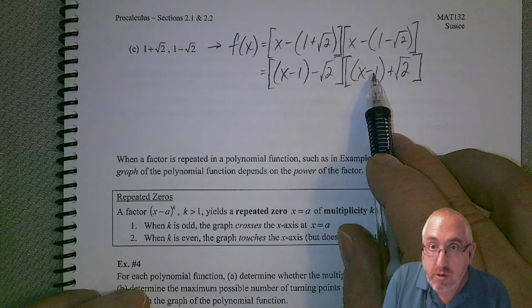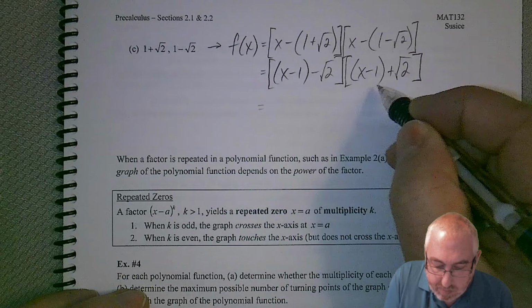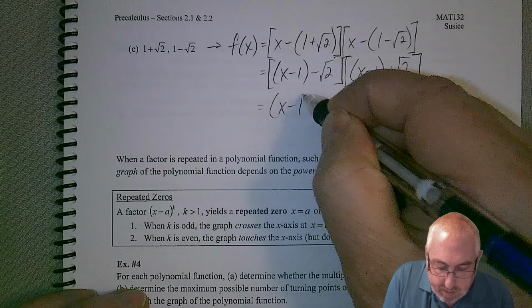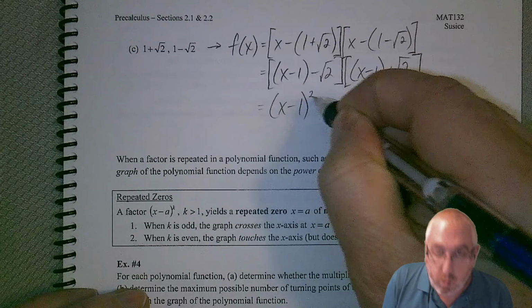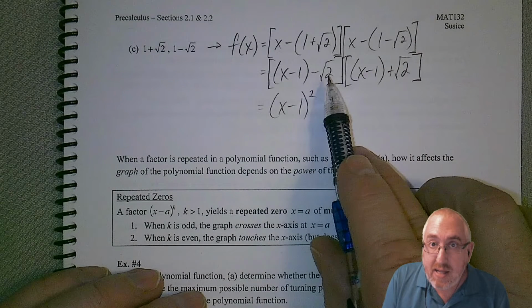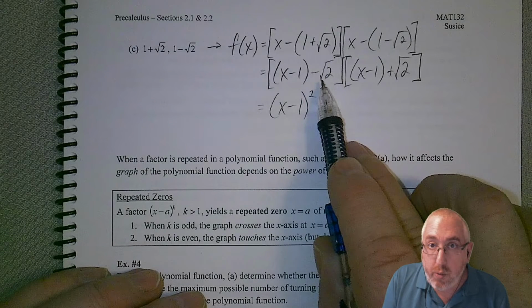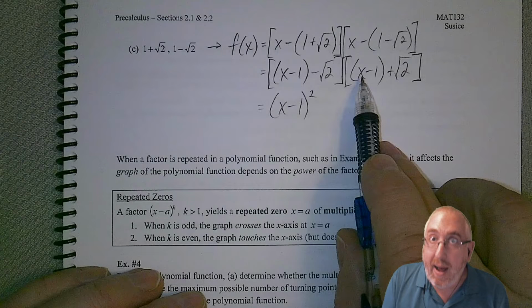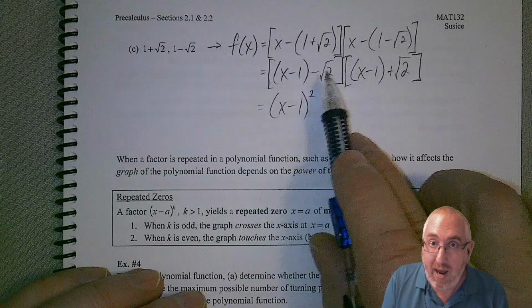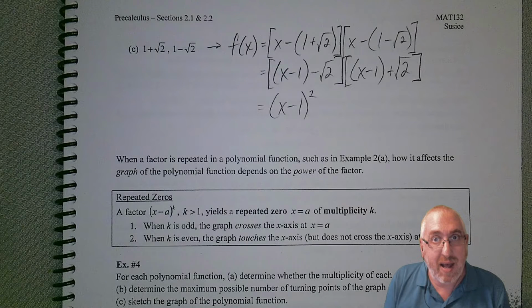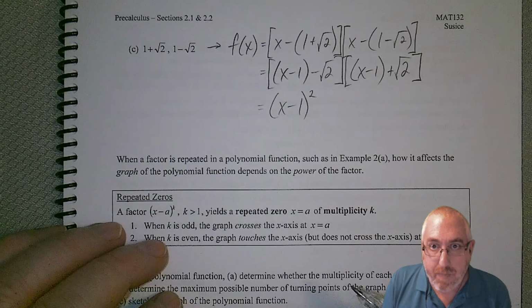So x minus 1 times x minus 1 is x minus 1 squared. My inside is going to be a negative square root of 2 times this. My outside is going to be a positive square root of 2 times that. So those are going to cancel. So you don't even need to write them down.